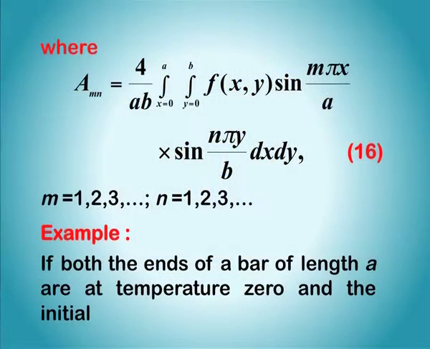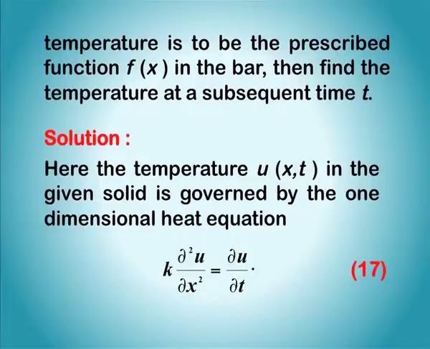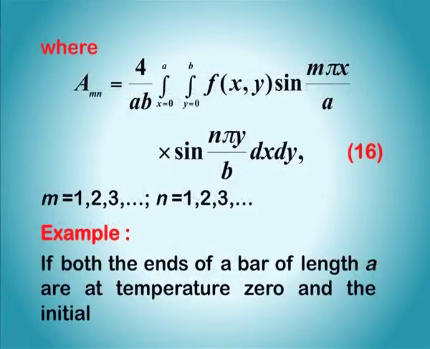This is an example to illustrate what we have done just now. If both the ends of a bar of length a are at temperature 0 and the initial temperature is a prescribed function f(x) in the bar, then find the temperature at a subsequent time t. I read it once again for you.